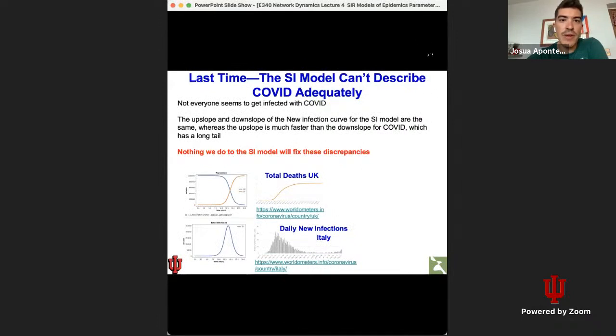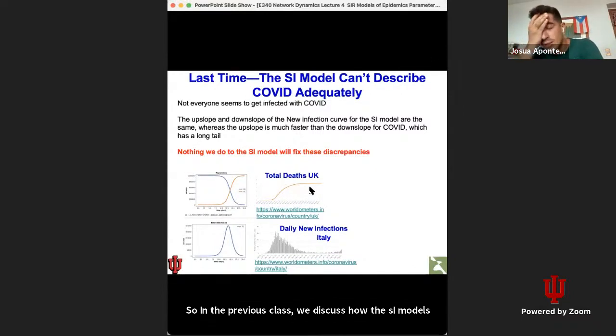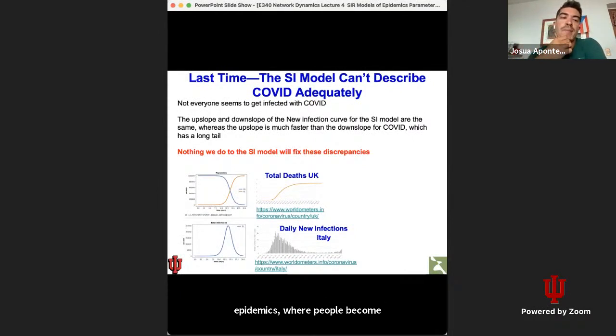So in the previous class, we discussed how the SI models can adequately describe the type of epidemics where people eventually recover from the infection and stop being susceptible to the infection.